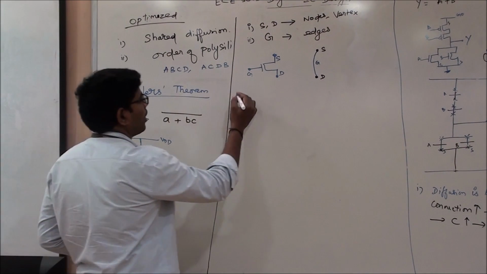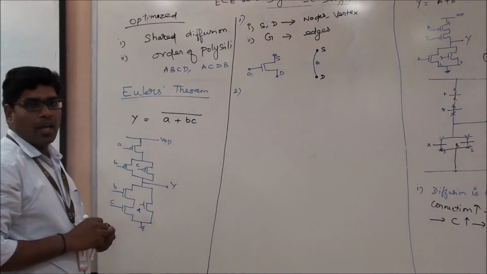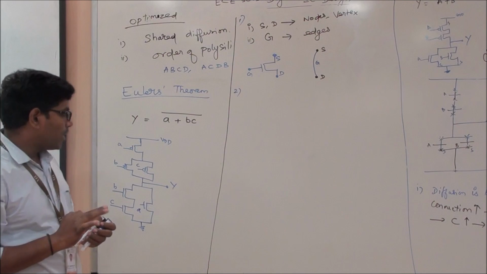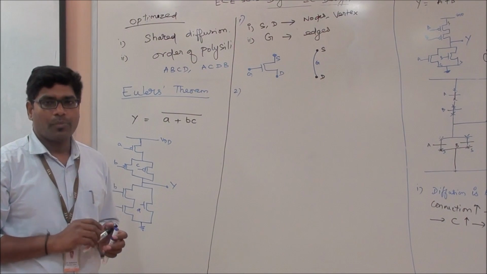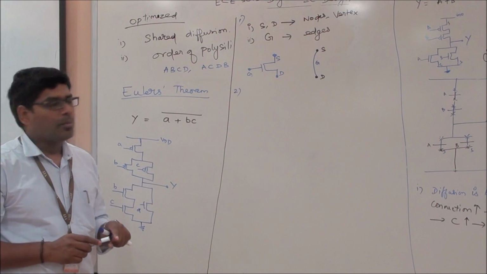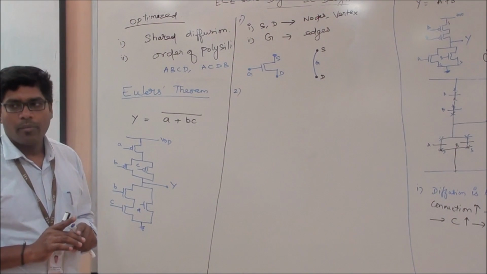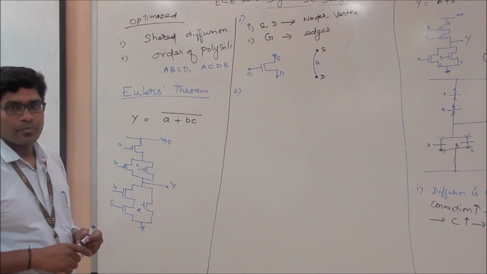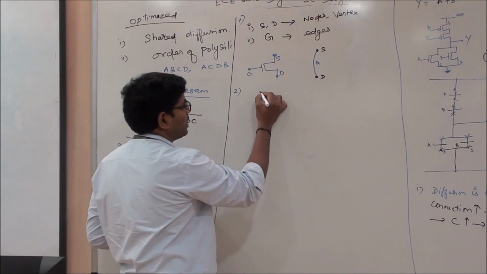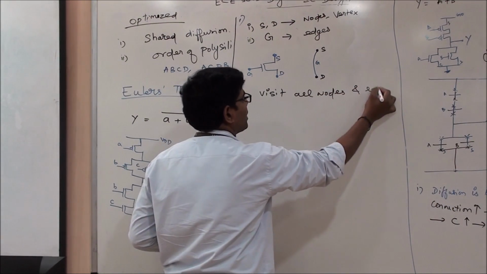Second point is, make sure, it's like a salesman problem. You are supposed to visit all the nodes and all the edges, but the edges should be visited only once, while the nodes can be repeated. So what this Euler theorem says is, you are supposed to visit all nodes and edges.